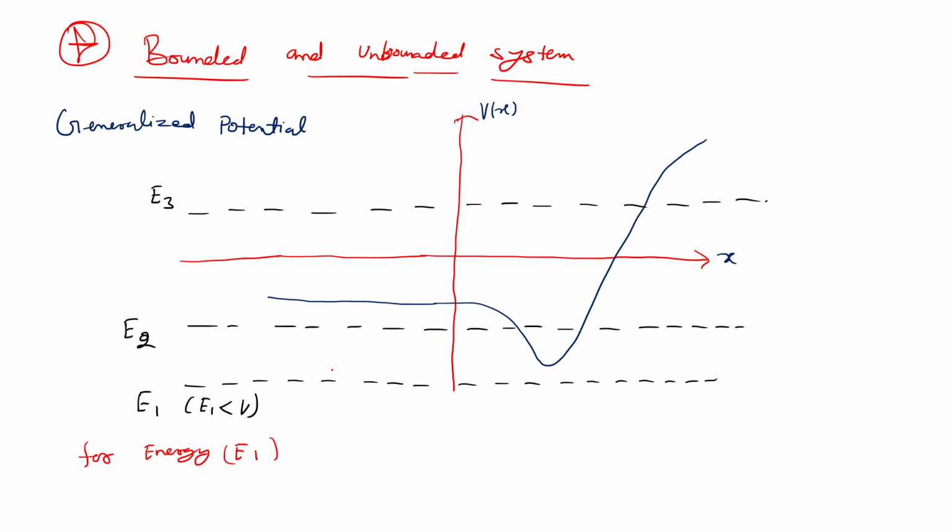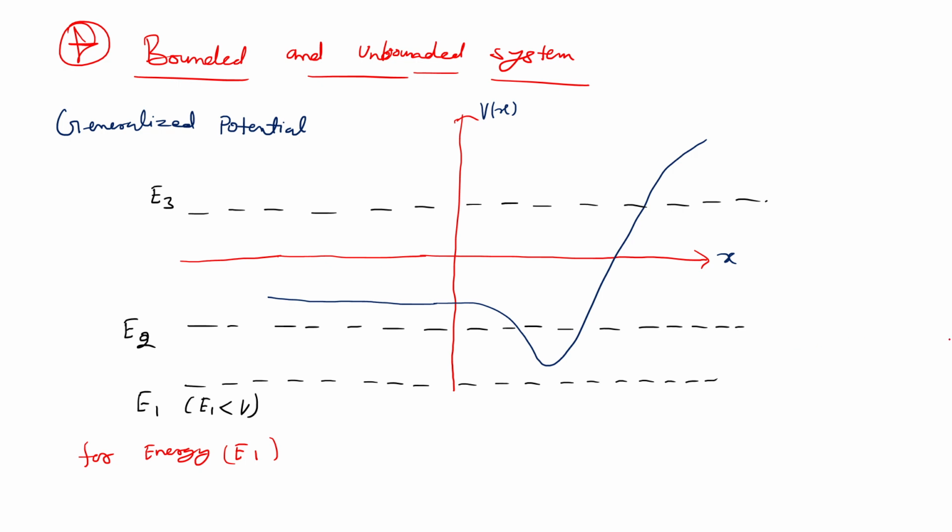If you remember, we have discussed earlier a very important topic: when the wave function will be oscillatory and when the function will be a decaying kind of nature. Classical turning points, if you remember, guys.